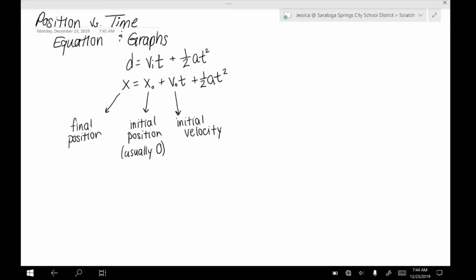So remember, if we start at rest, the initial velocity is going to be 0. The acceleration is a, and of course t is time.